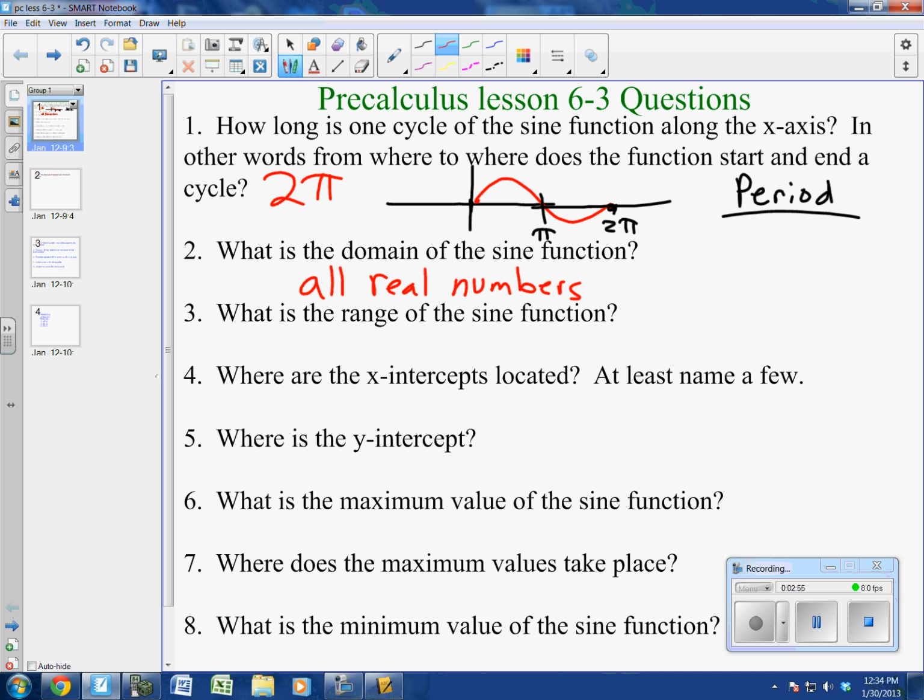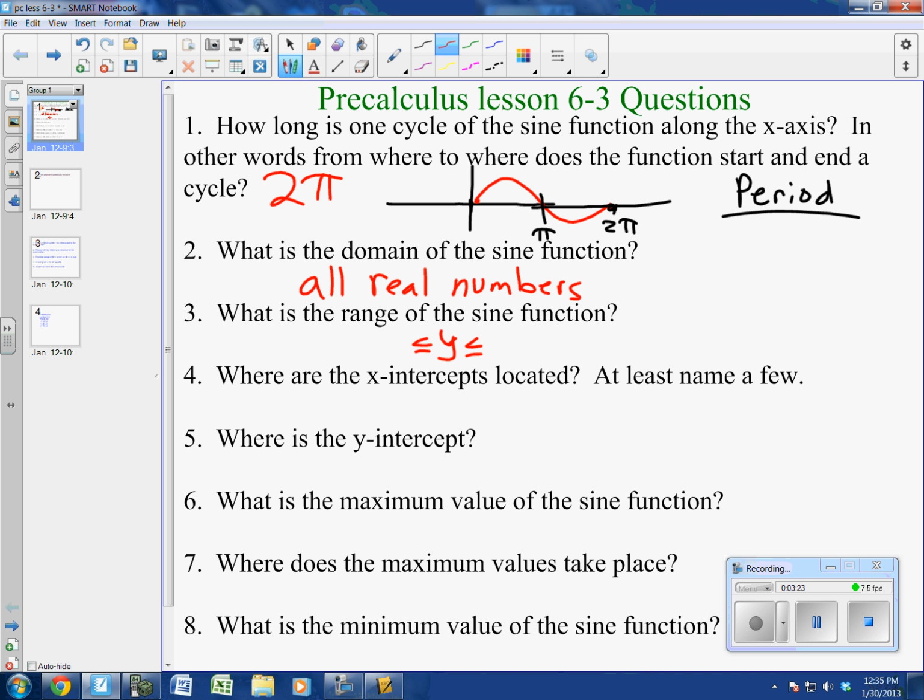What is the range? If you know the range, raise your hand. Don't say it out loud, please. I just want to see how many of you think you know the range. All right. What is it, Sean? Okay, y is the range, right?